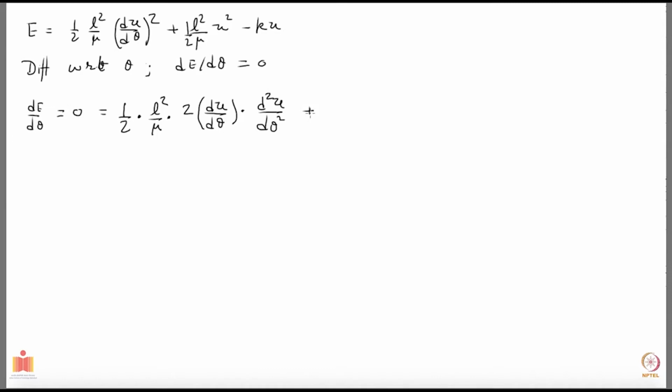Then you have half L squared over mu, and then you get 2 u du over d theta minus k du over d theta. Okay, that's nice. Each of them has a piece du over d theta, which I can pull out. Let me cancel this half. Let me cancel this factor of half also.